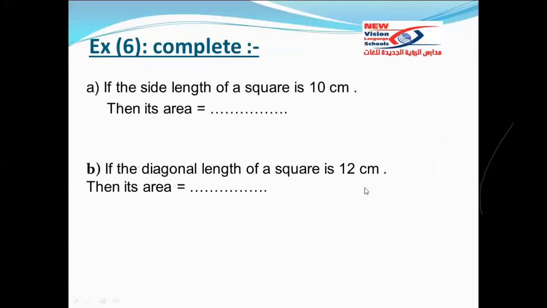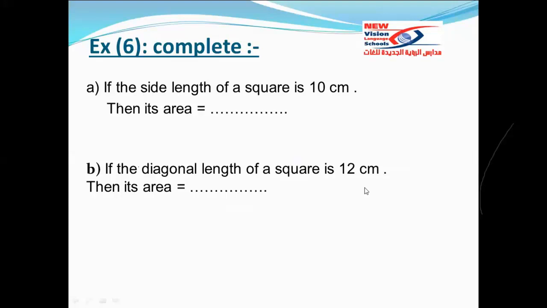Exercise number 6, complete. Can anyone answer? Esther, open your mic. Read it with me, okay? If the side length of a square is 10 centimeters, then its area is 100 square centimeters.